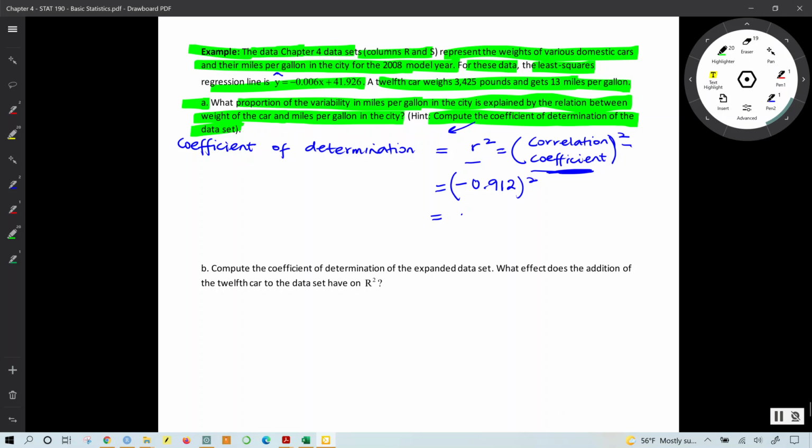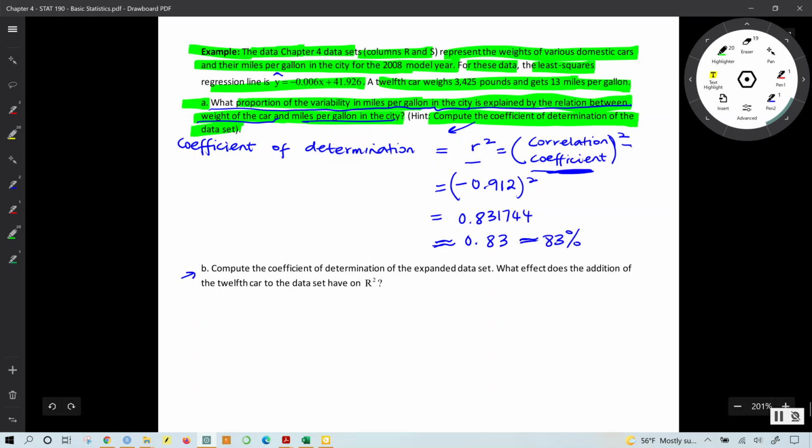This is equal to 0.831744, which is approximately 0.83. So the question back again is, what proportion of the variability in miles per gallon in the city is explained by the relationship between both the weight and the miles per gallon in the city? This would be approximately 83%.